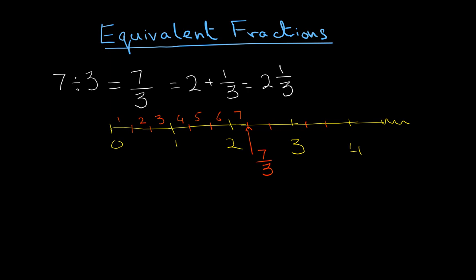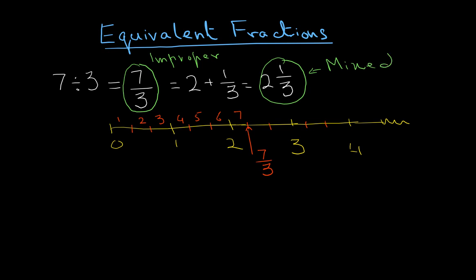This is called an improper fraction. So this is representing one number as an improper fraction, and this is writing the same thing as a mixed number. So this is what we essentially learned last time.